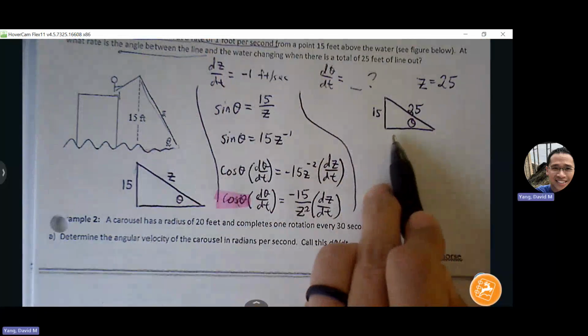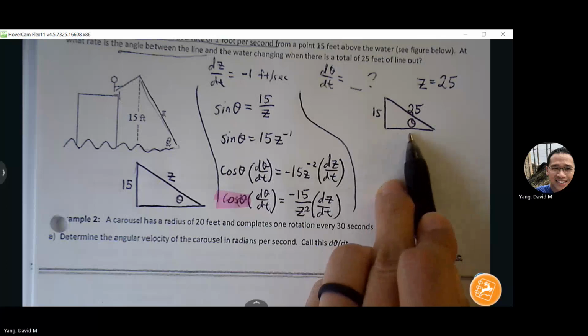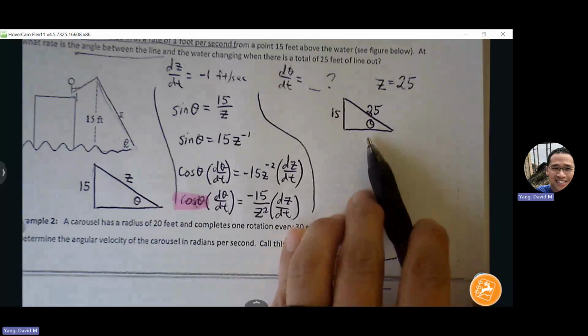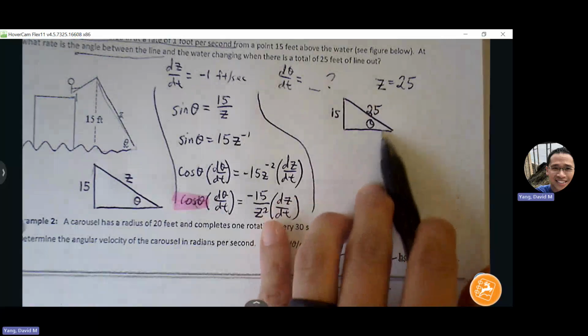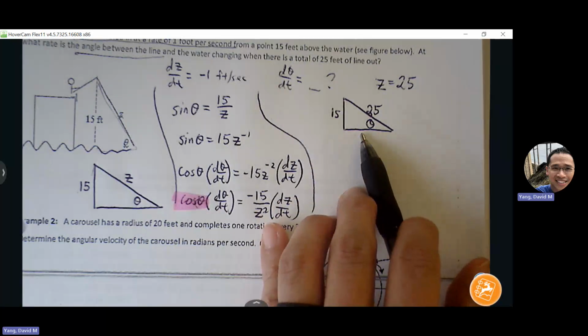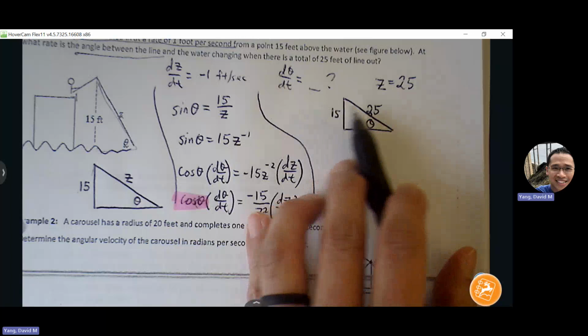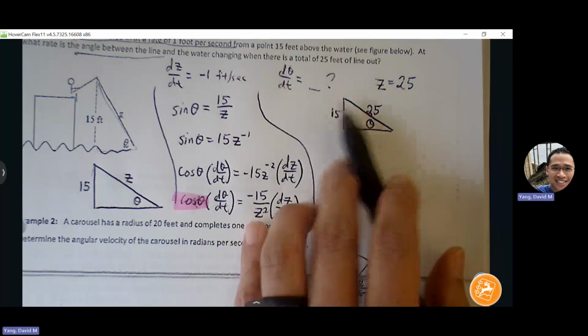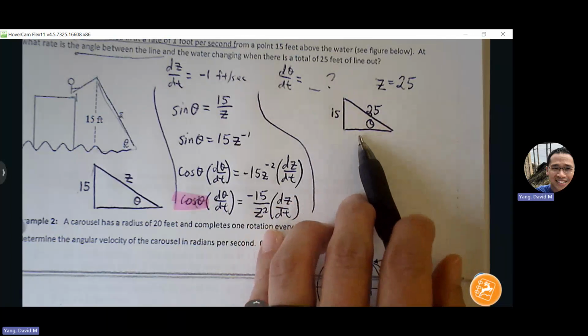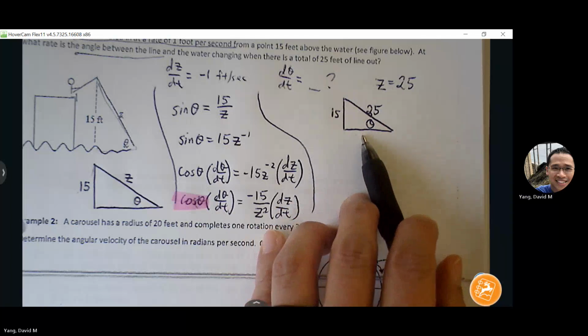And can I figure out what this side length is using what? Pythagorean theorem, right? This is a variation of a 3, 4, 5 right triangle. So a squared plus b squared equals c squared. We can use our calculator, work that out, or we can figure out that it's going to be 20, right? 20.